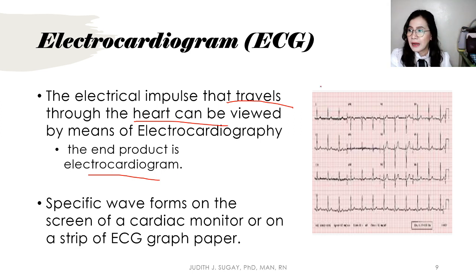Okay, so specific waveforms on the screen of a cardiac monitor. I am not sure if you've seen one, but there is a monitor, and there is a paper that's fitted with some strips, and that's going to be used for measuring the ECG. Here actually is an example of that one.